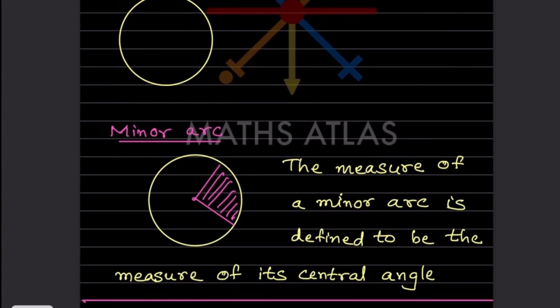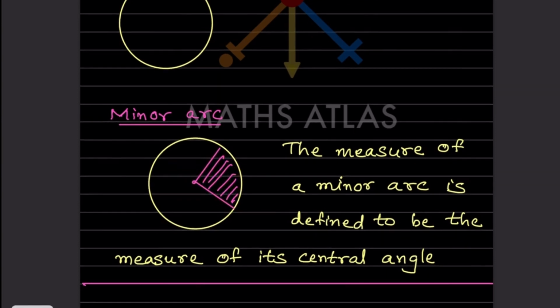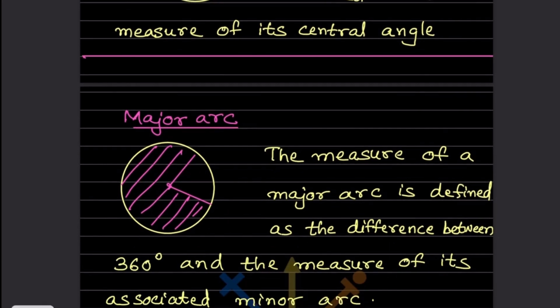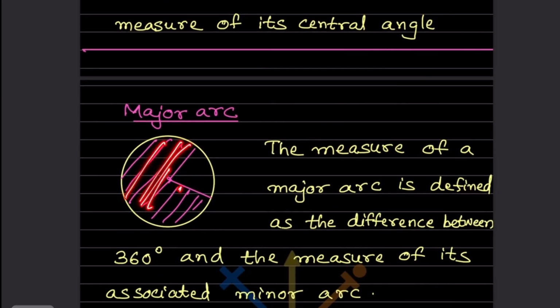Then the minor arc. The minor arc is the small portion which is being shaded. The measure of a minor arc is defined to be the measure of its central angle. This is the central angle. And the major arc is the bigger side. This one is the minor and this is the major one.